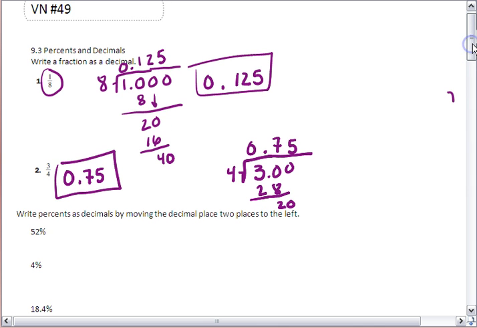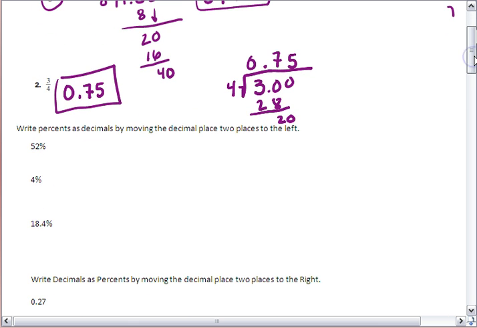So it's easy to turn a fraction into a decimal, and you can use your calculators for this in homework. Now let's look at writing a percent as a decimal. You do this by moving the decimal place 2 places to the left. Because remember, a percent is over 100, so if I have 52 over 100, that's 52%.